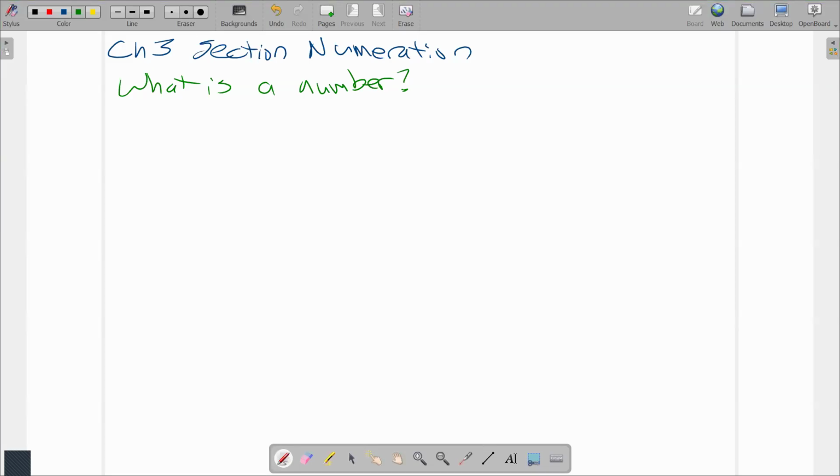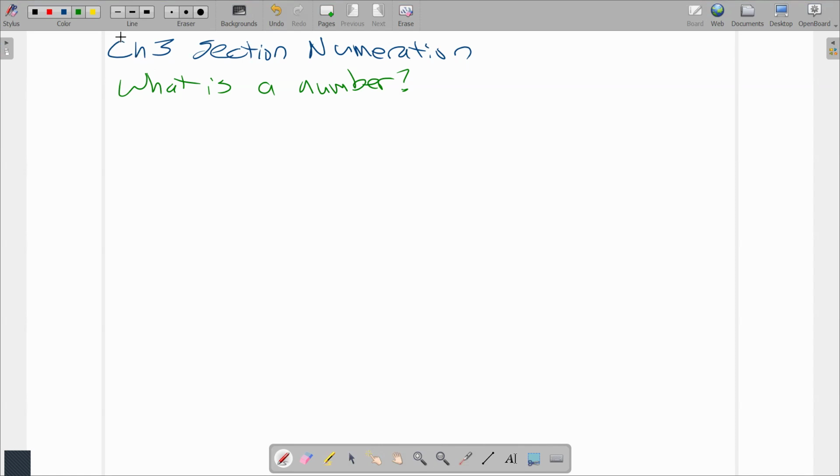What is a number? Suggestions? It's not a letter or a symbol.